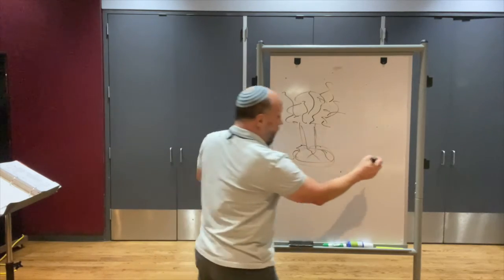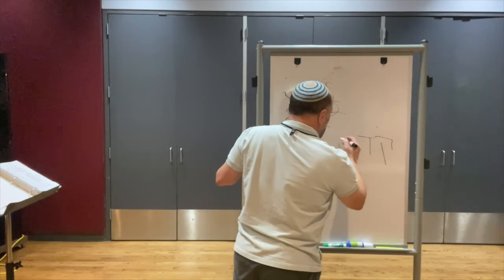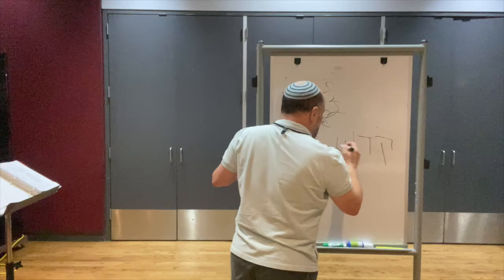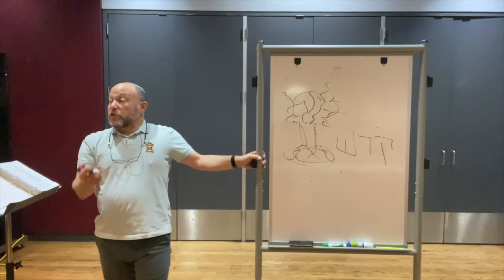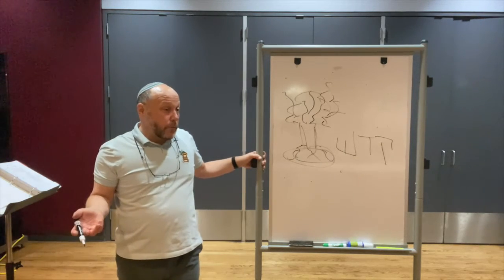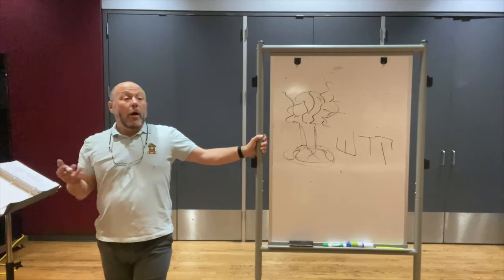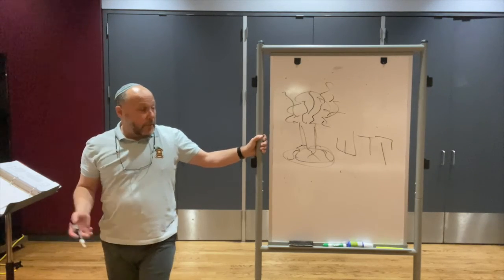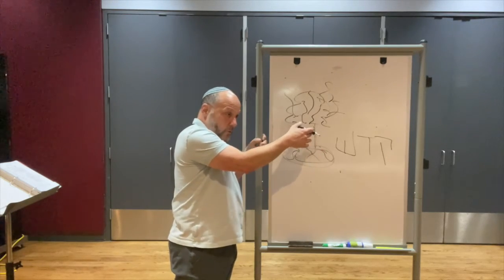So one of the most common ones that people are familiar with is Kuf Daled Shin, which we usually read as Kadosh. Kadosh is generally translated to mean holy. And we have lots of words that come from that root.